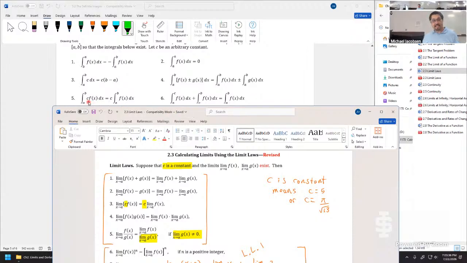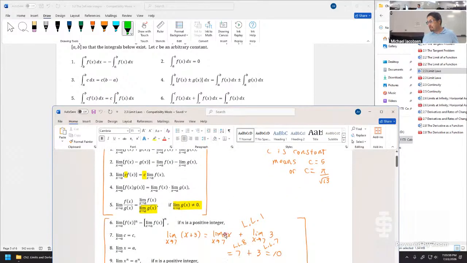Another interesting property is that the integral of a constant multiplying a function is just the constant multiplying the integral of the function. In fact, that works for differentiation as well. It was called the constant multiple rule. The derivative of a constant times a function is the constant times the derivative of the function. And it's the same property for integration.